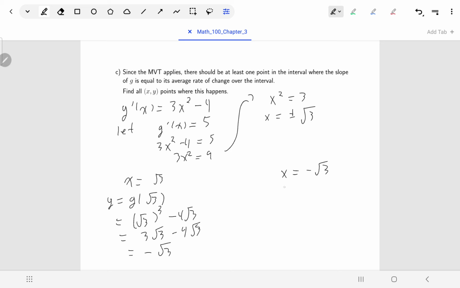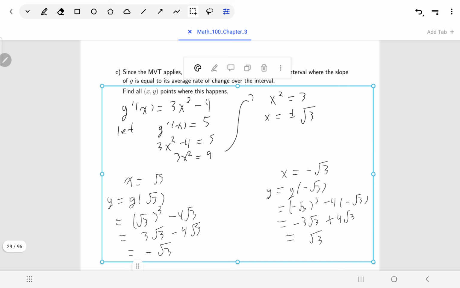If x is negative root 3, then y would be g of negative root 3. Putting that into the original function, negative root 3 cubed minus 4 times negative root 3. Negative root 3 cubed is negative 3 root 3. Negative 4 times negative root 3 is plus 4 root 3. When I add the two together, I get just root 3.